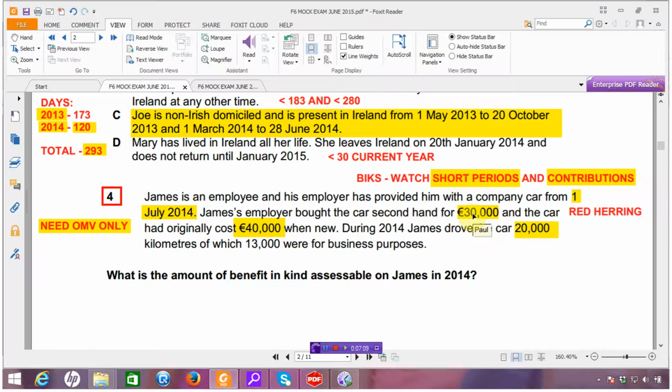The other issue we have is the number of business miles. If we have large business miles, we go to the tables and pick up a reduced percentage based on those miles. So we have 13,000 business miles. We need to see, given that it's a short period and the OMV, what's going to be relevant in terms of BIK.